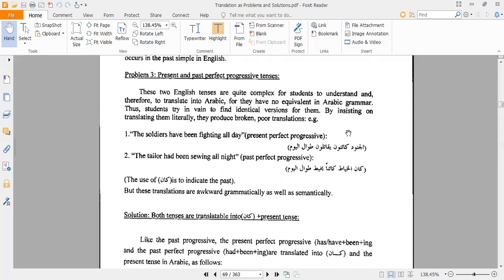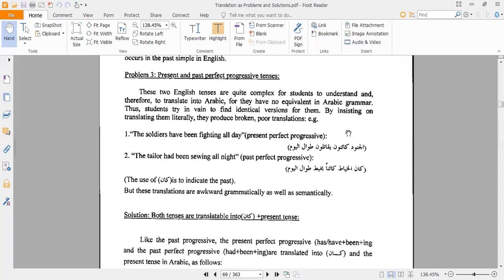الجنود، لو أنا ترجمت literal translation، الجنود كائنون يقاتلون طوال اليوم. Think of this sentence. What do you think? If you look at this sentence, to some extent it's strange, because الجنود كائنون. كائنون هنا ما بستخدمها في اللغة العربية.